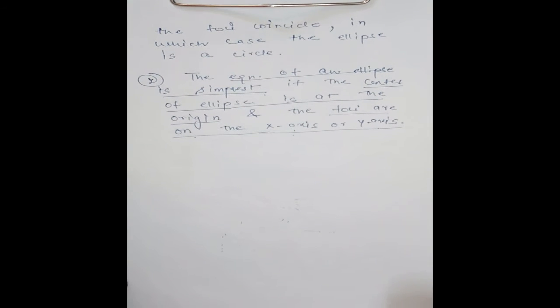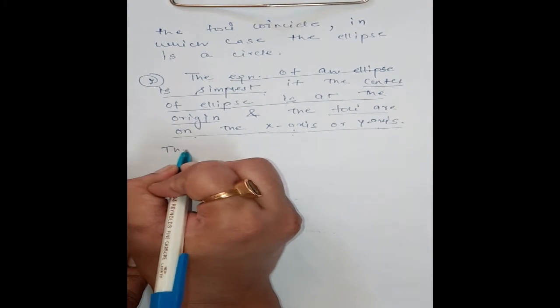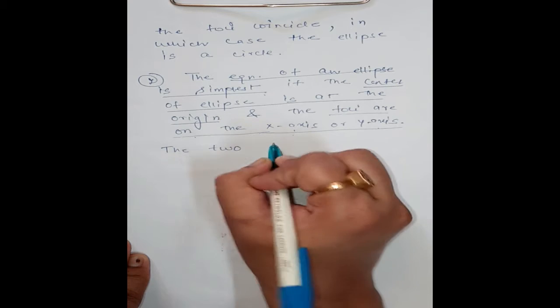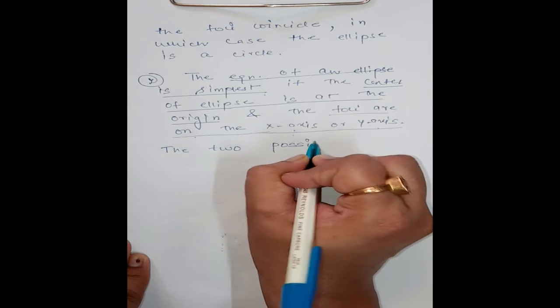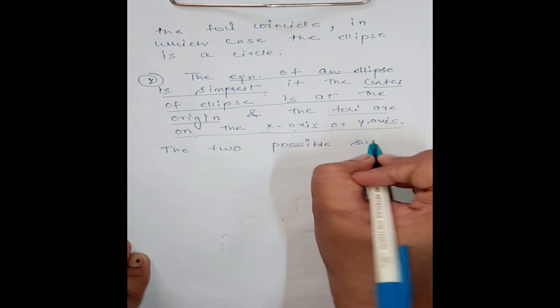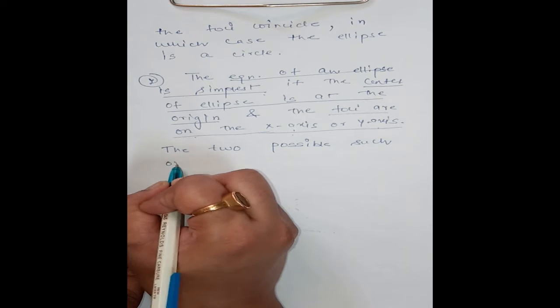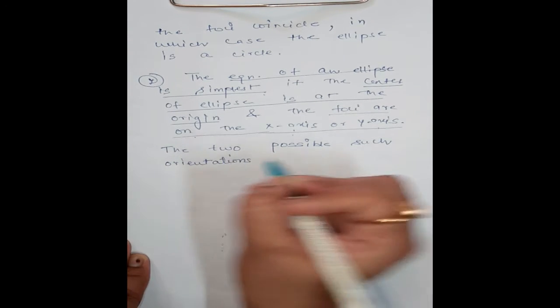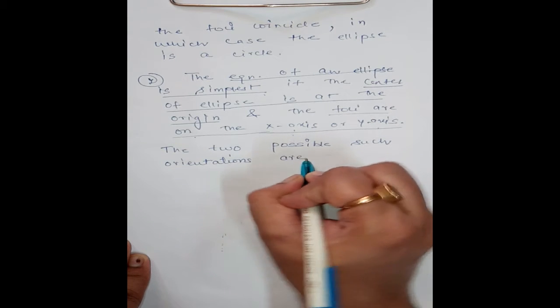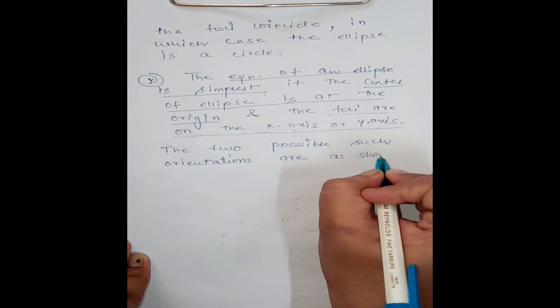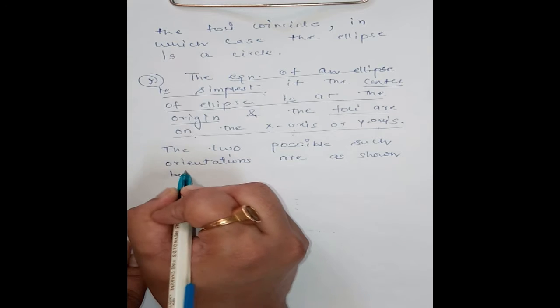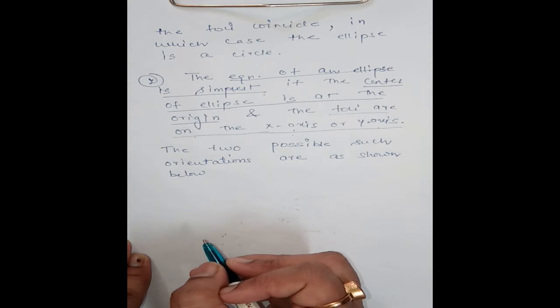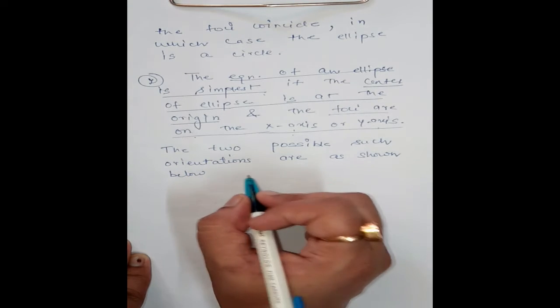Now, the two possible such orientations are as shown below, where the major axis is along the x-axis or along the y-axis.